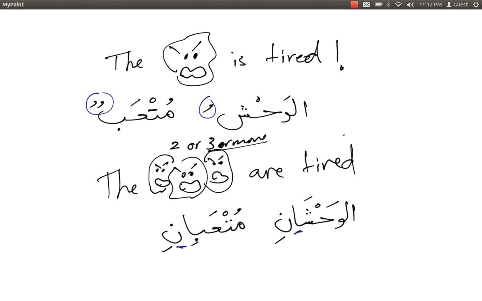The other possibility is that there are 3 or more, and in that case we would say الوحوش متعبة.